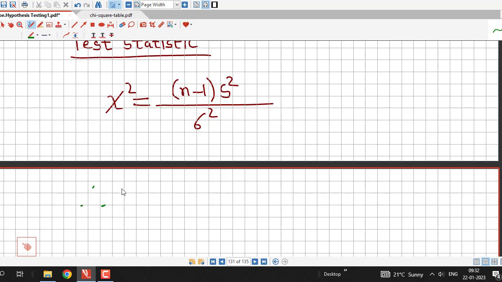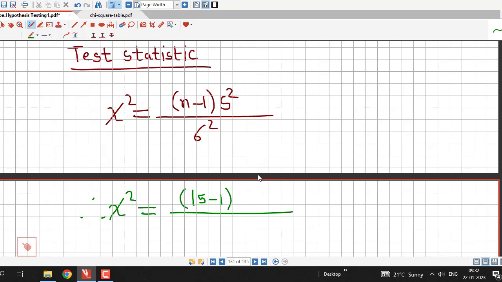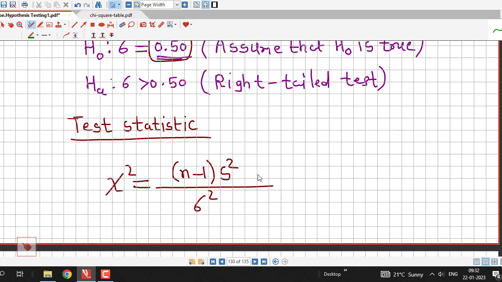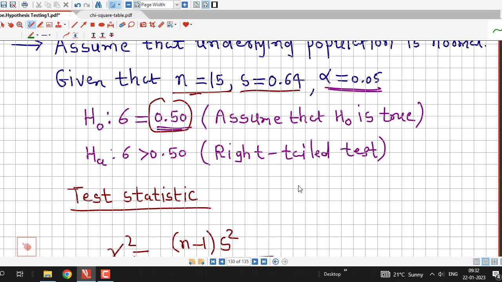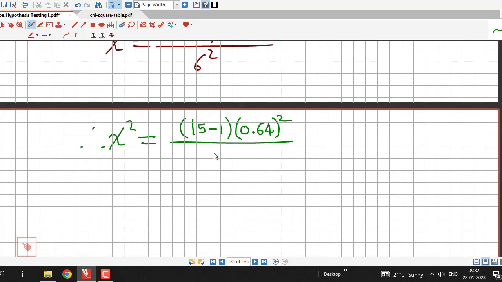So therefore chi-square, with n equal to 15, I am writing 15 minus 1 here. Then value of sample standard deviation is 0.64, and here we have square of sample standard deviation or sample variance. Sigma is 0.50, so here I write 0.50 square.